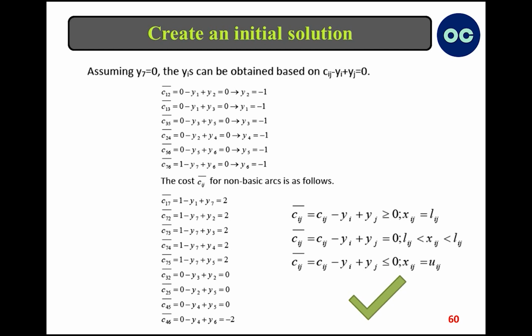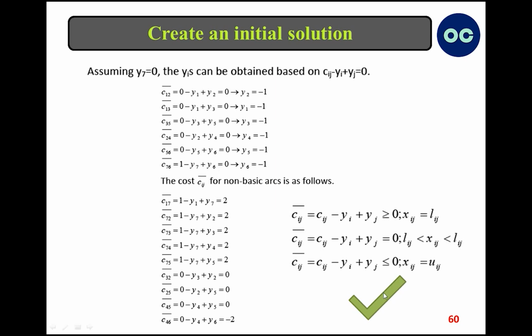Assuming y7 is equal to 0, and calculating yi for all nodes, we can now calculate Cij. Now let's consider the cost of the non-basic arcs, which is as follows. The optimality conditions are met because the Cij for all non-basic arcs meet the optimality condition.